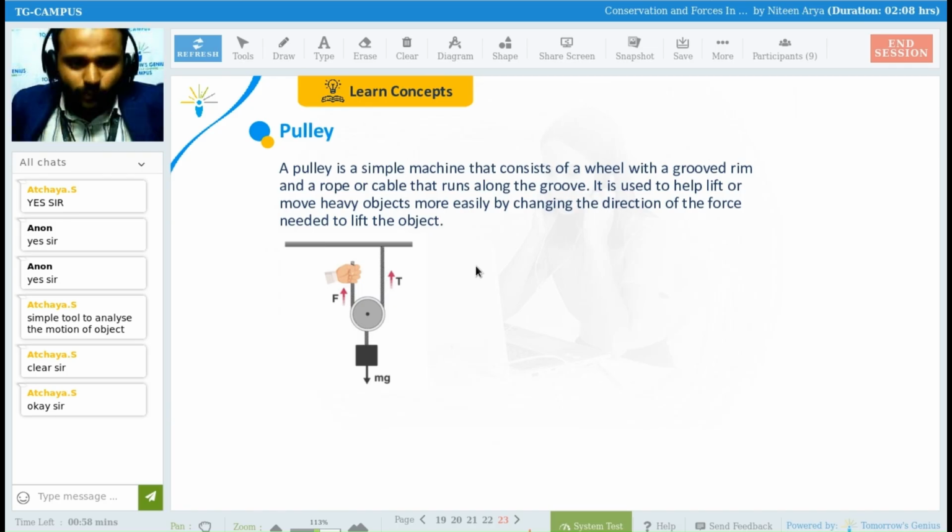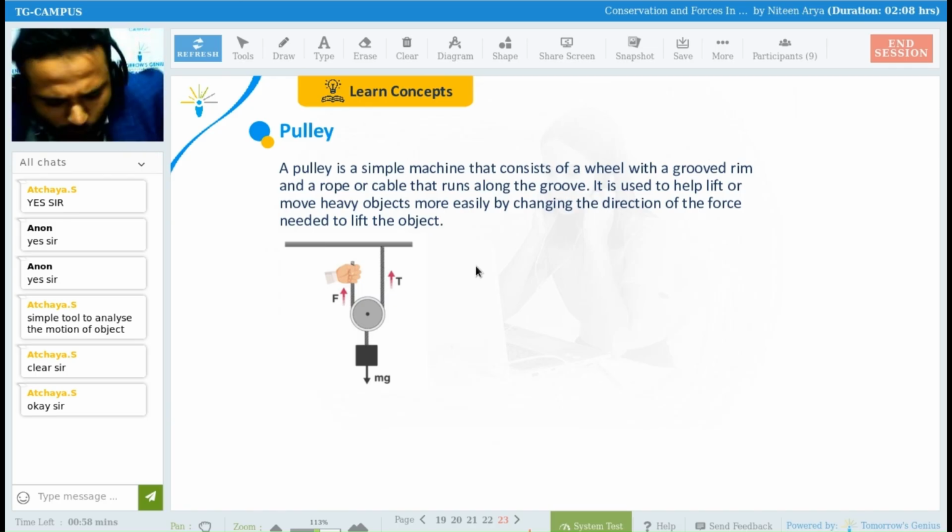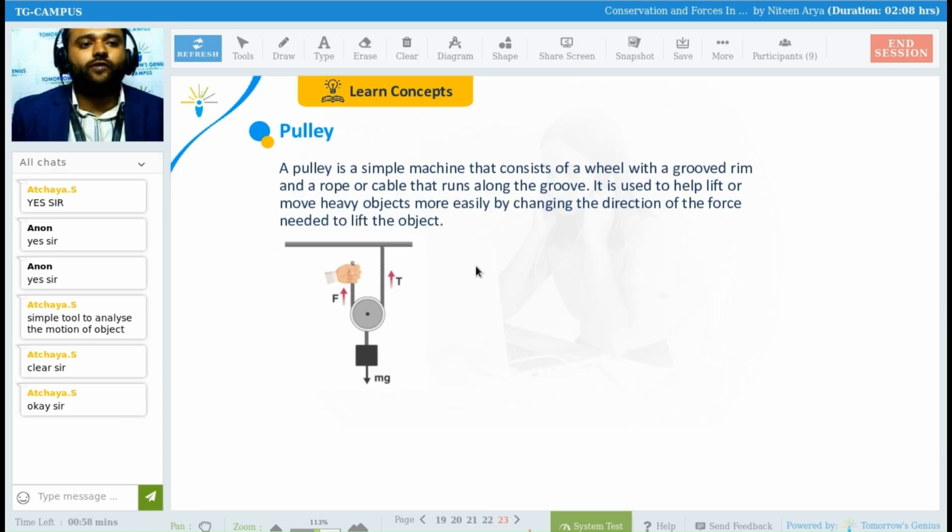Now this is very important: the pulley system. In many cases, if anyone belongs to a village area, or their forefather or father does, one of you may have seen a pulley system in a well.